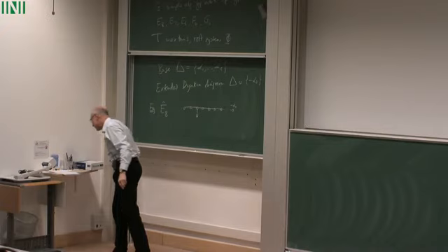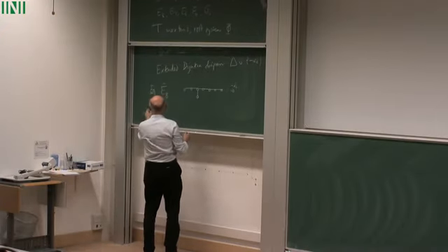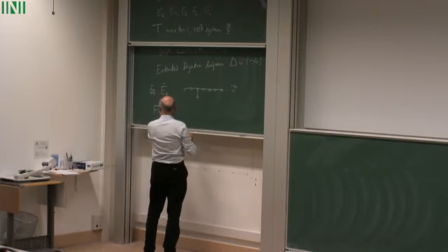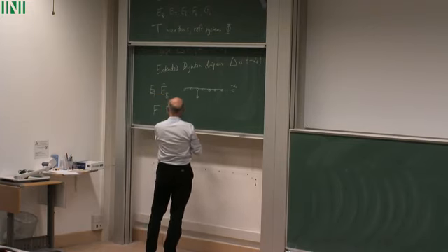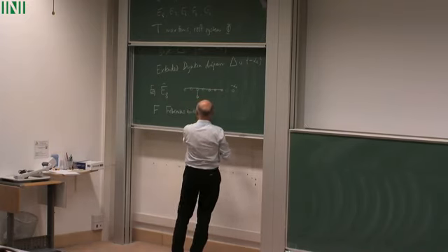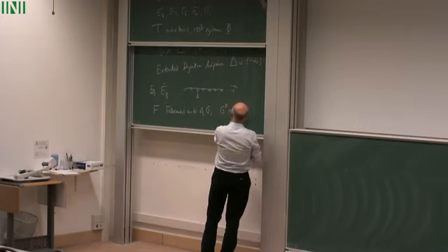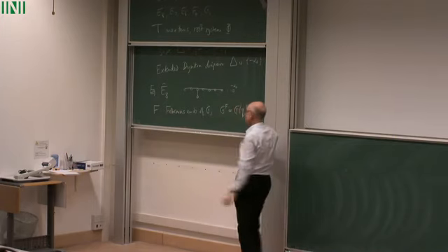Right, any other notation? Oh yes, and finally we'll have F be a Frobenius endomorphism of G, and the fixed point group will be our group G(q).